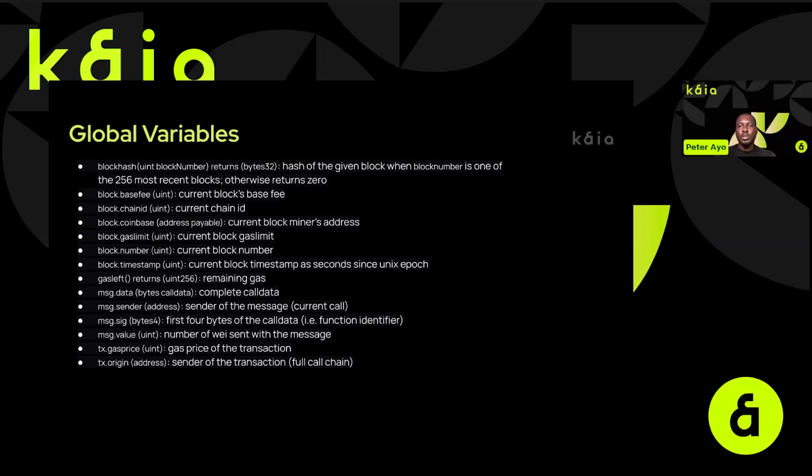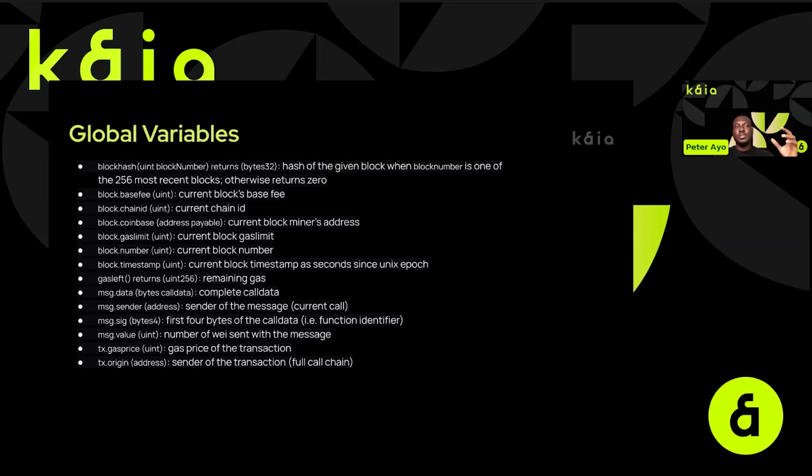When we talk about block.chainid, it basically returns the chain ID of the chain. Now for Kaia mainnet, it is 8217. This is the chain ID of Kaia mainnet. For Kaia Kairos testnet, it is 1001, right? It's basically for you to know the current blockchain which you are working on in your smart contract. Take, for instance, there was a time I was implementing a cross-chain contract using LayerZero, right?